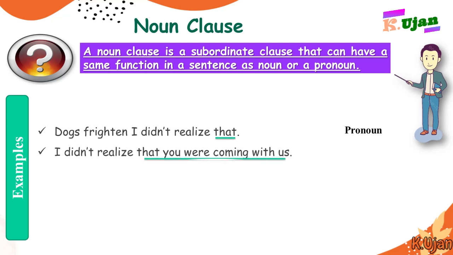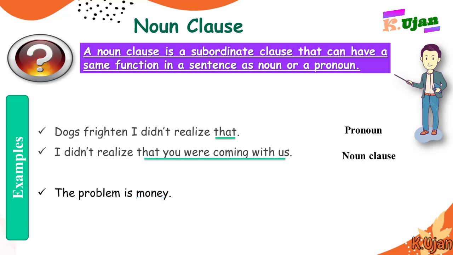So this that you were coming with us is a noun clause. This is a noun clause because it is a dependent clause. It comes along with the subordinating conjunction that, and it gives the meaning of the pronoun that. So we are using that you were coming with us instead of that.